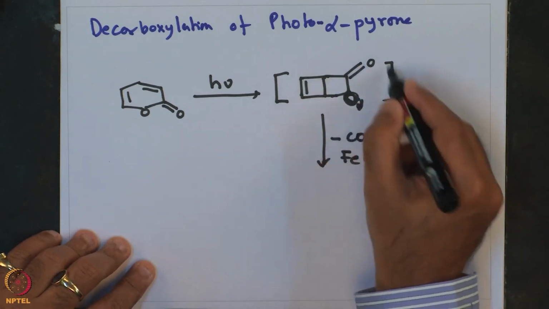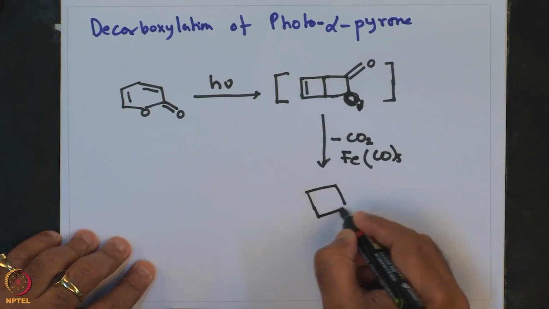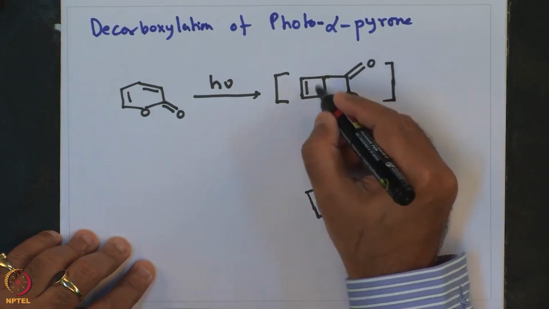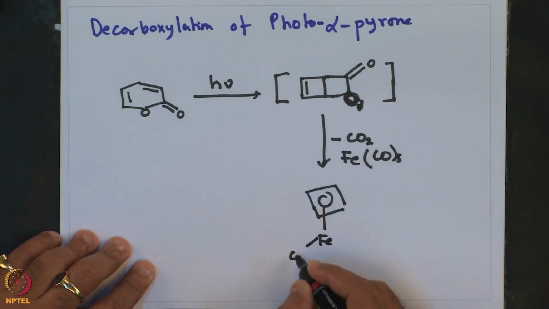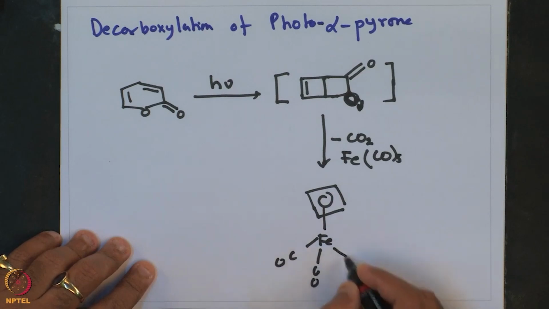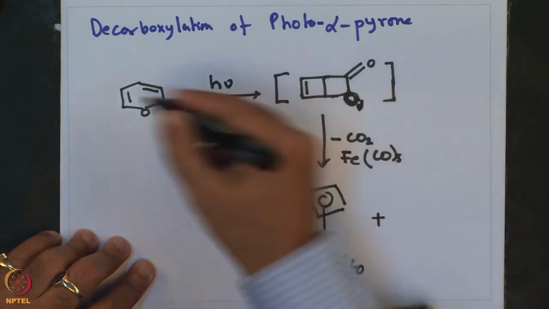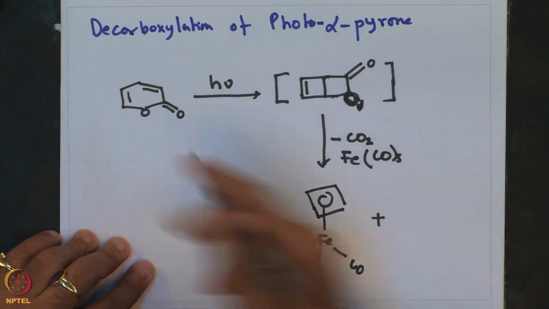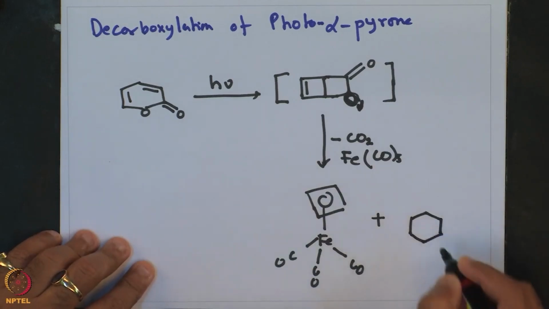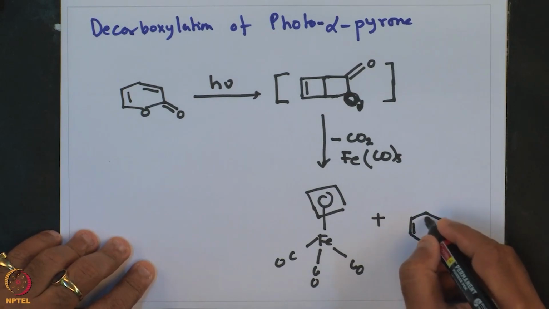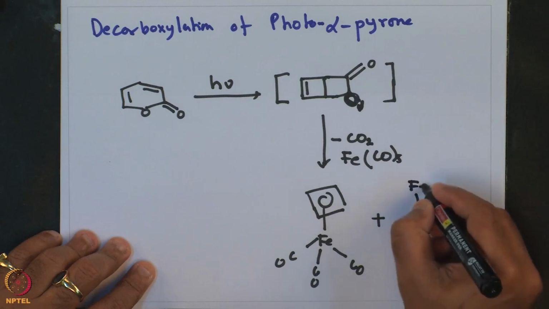So, this carbon dioxide moiety is lost, and as a result one gets this cyclobutadiene. So, this CO2 is lost and there is a bond formed over here with Fe(CO)3, and the reaction also goes a little bit backwards, and one also isolates these alpha-pyrone compounds of iron carbonyl as well.